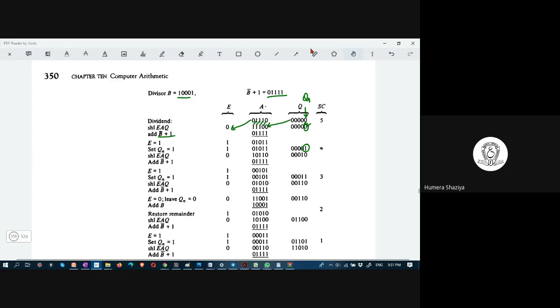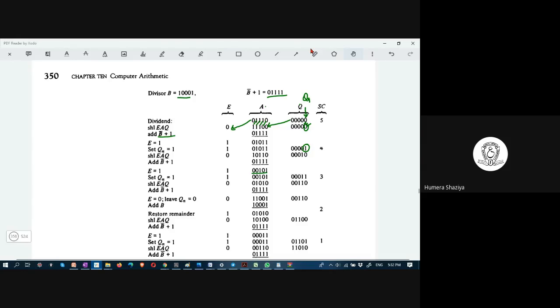Actually here, after shifting, you perform 2's complement. 2's complement of B is added to A, and this would be our partial product.